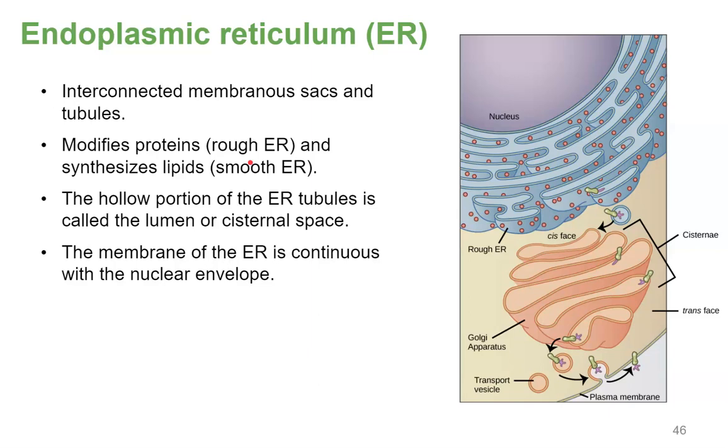The rough ER, the smooth ER, either one, or both of them in fact, have a hollow portion, and that's where the substance, the protein or the lipid, goes when it's created. And once it's created, it breaks off and goes to where it needs to go. The endoplasmic reticulum is typically continuous with the nuclear envelope.